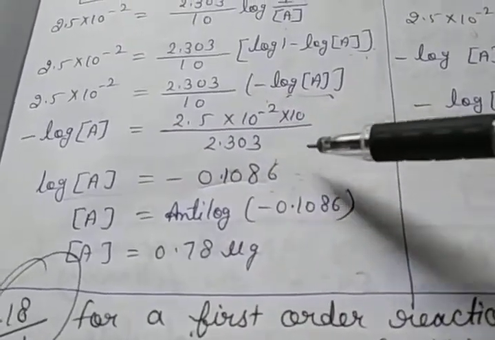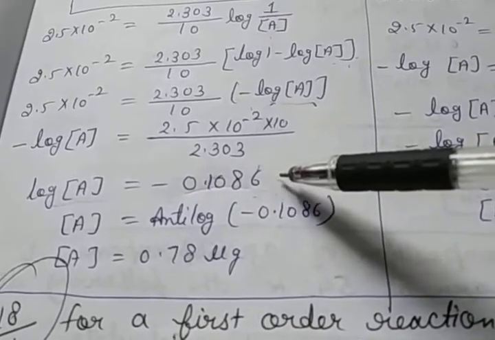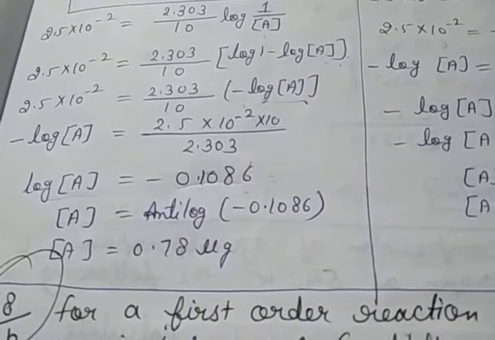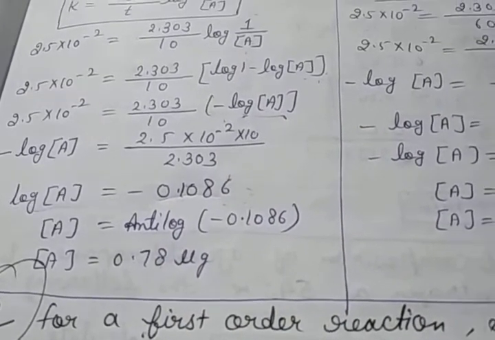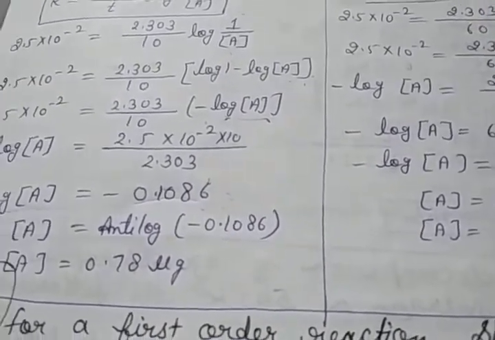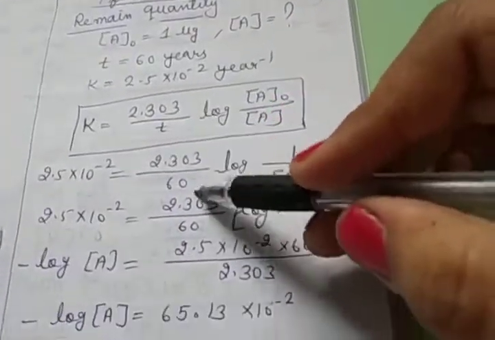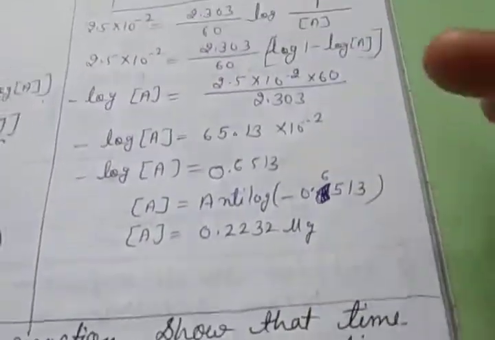Your choice. The antilog of this value is 0.78 microgram. Then after 60 years, same procedure, only two changes: here T is equal to 10 years put, and here T is equal to 60 years put, and the same procedure.